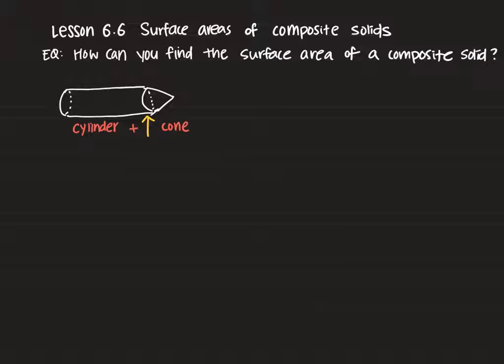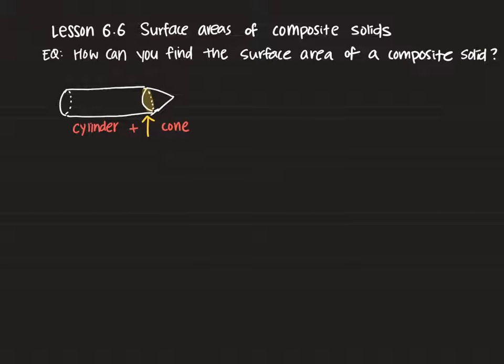One thing you'll have to be careful of in this lesson is that oftentimes you're going to have parts that are overlapping. Based on our equations, we have all the outsides covered. If you have overlapping parts, for example, this circle that both the cylinder and the cone have, you cannot count that because it's not on the outside.